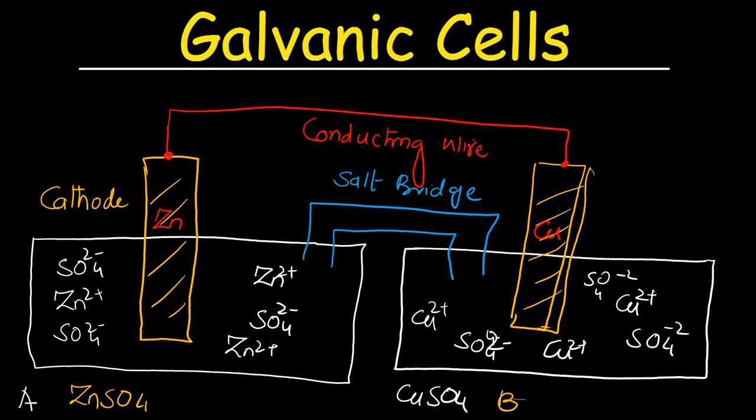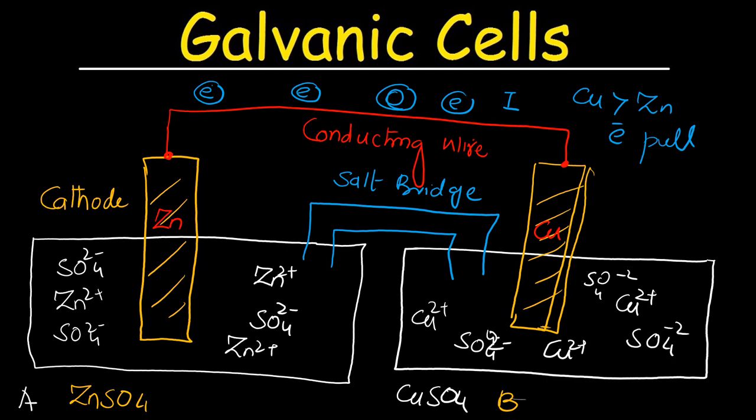Dear student, as you know, copper has a stronger pull than zinc for an electron. Due to this, electrons from zinc will start to flow from the zinc solution toward the copper solution, and due to this they will generate electricity.